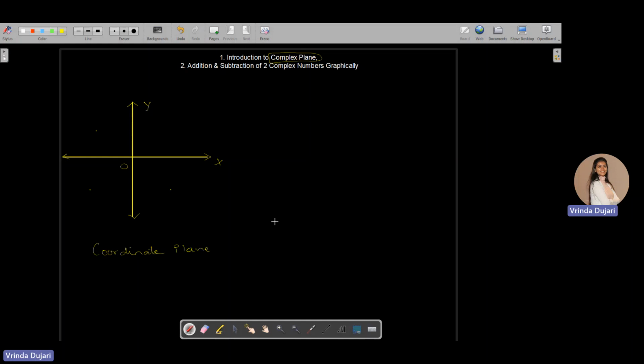Right. Similarly, we will have a complex plane. The only difference will be, just wait for a few moments. Okay. Now this is the complex plane.